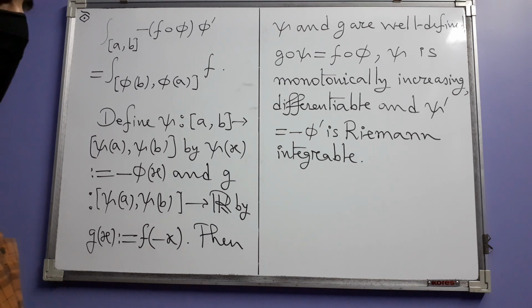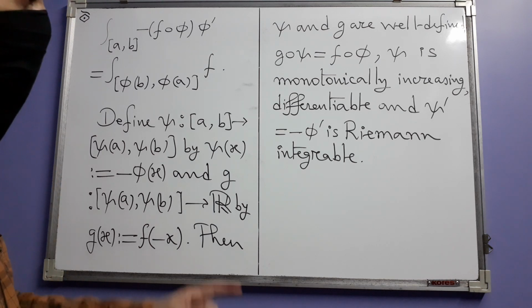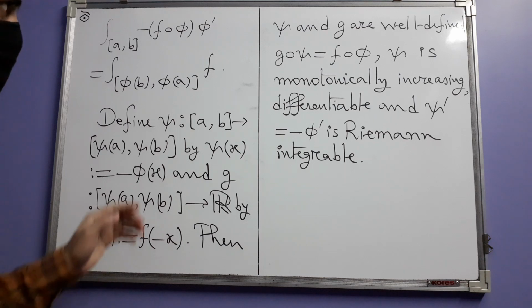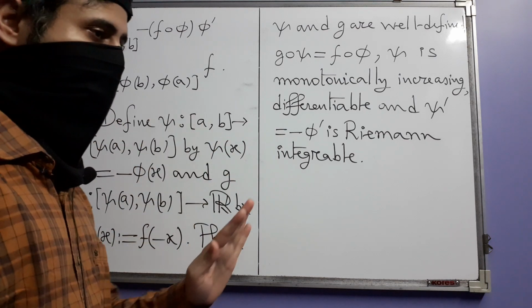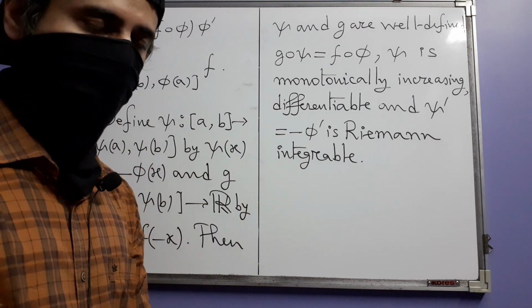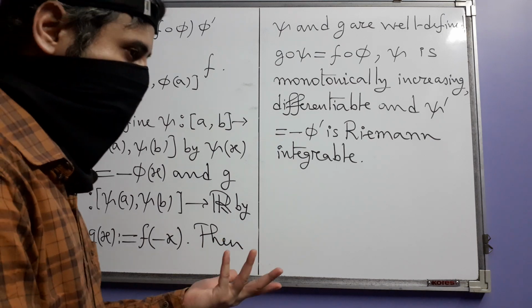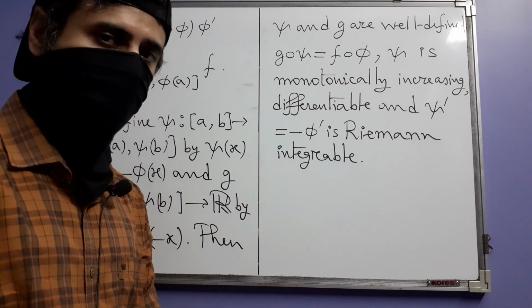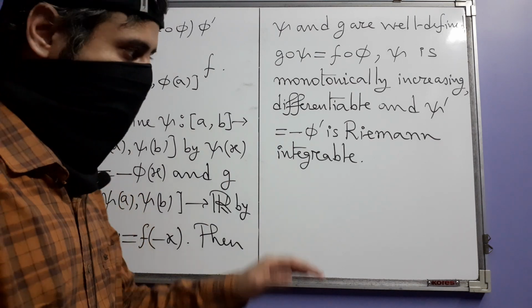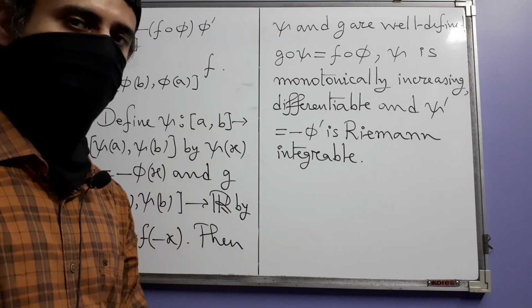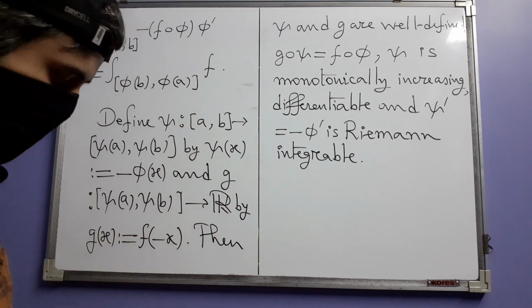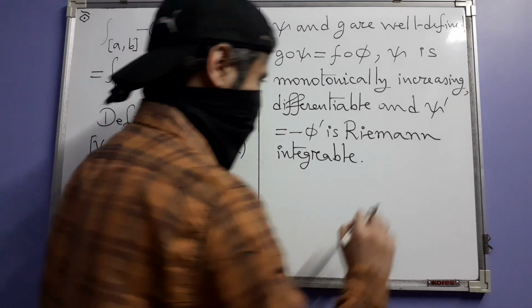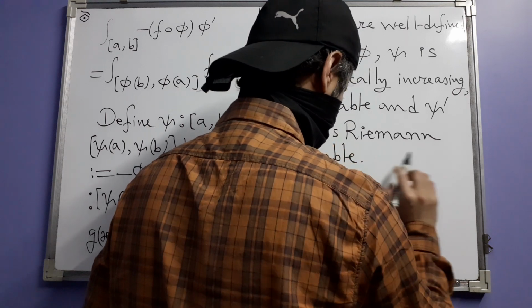Something else also we can say, which is about the function g. g is also Riemann integrable just like f. However, why? By which result? By the previous exercise. So we have to actually use exercise 3 here, and if you do that, you get this.